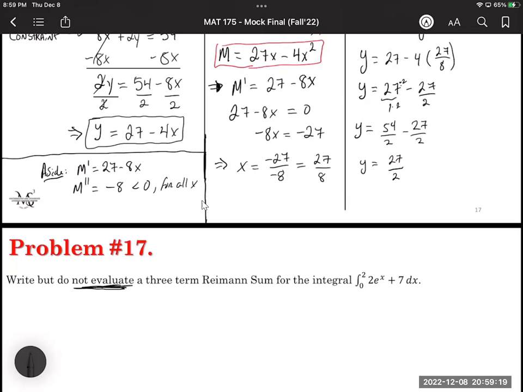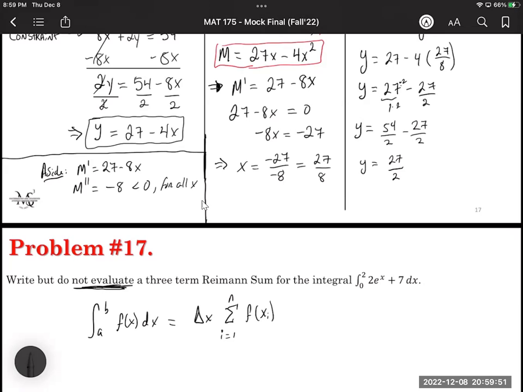But here's the formula that I'm going to write out, and I'll show you how to do it step by step. So for the 3-term Riemann sum, your integral from a to b of f of x dx is equal to delta x times the sum from i equals 1 to n of f of x sub i.